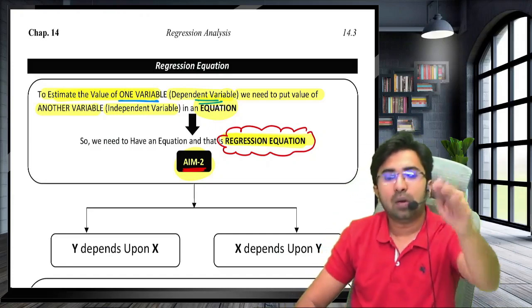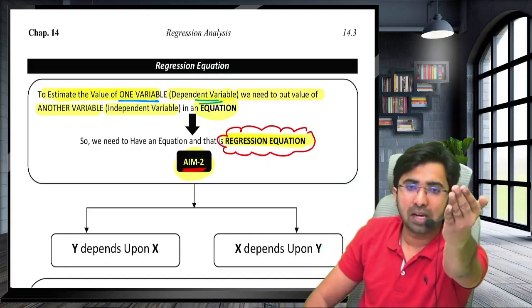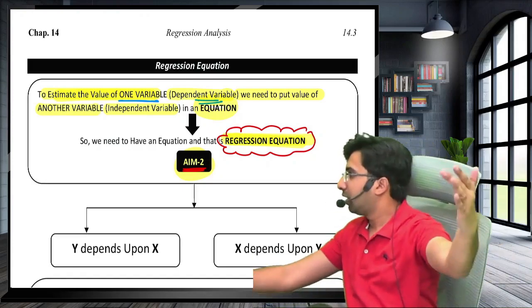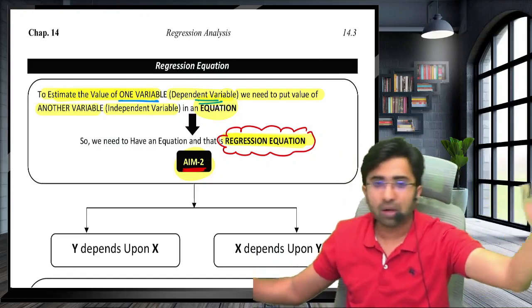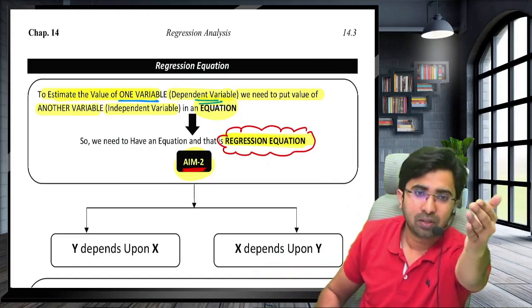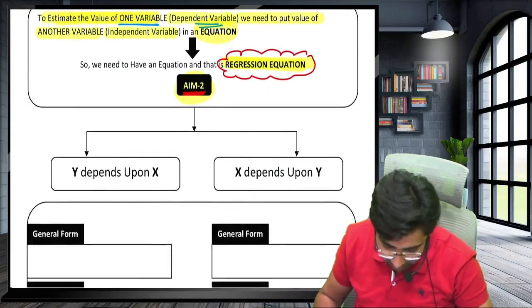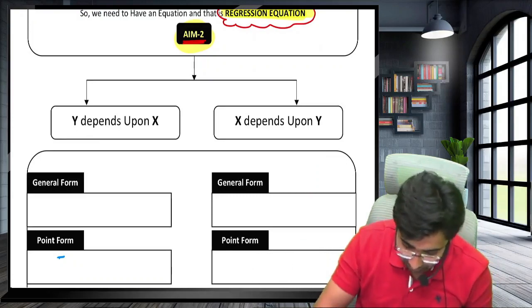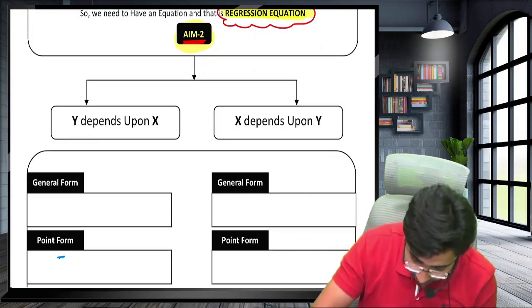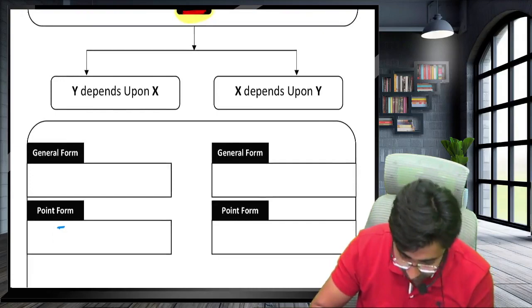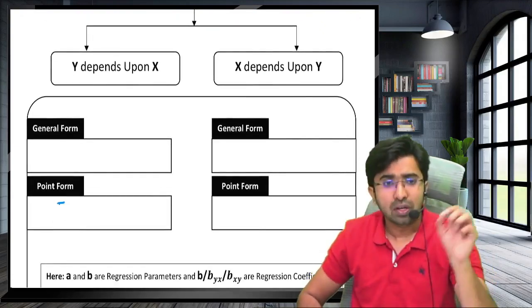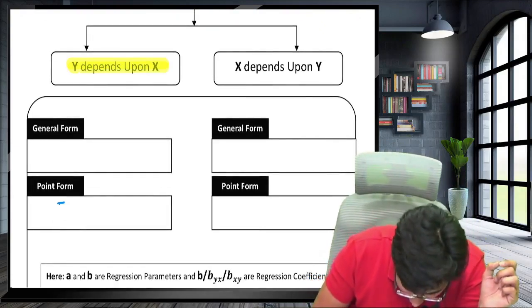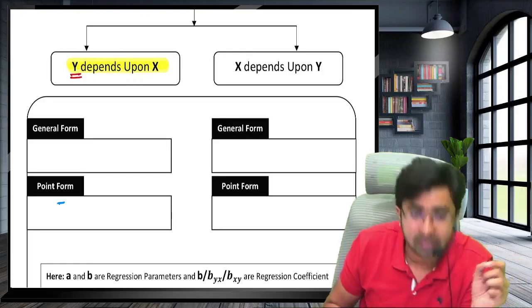No, sir. That's important. Guys, because I cannot achieve my final aim without the equation, let's understand the next aim, that is aim number 2: how estimation of the value, regression equation. Now see, y depends upon x. It means y is dependent.